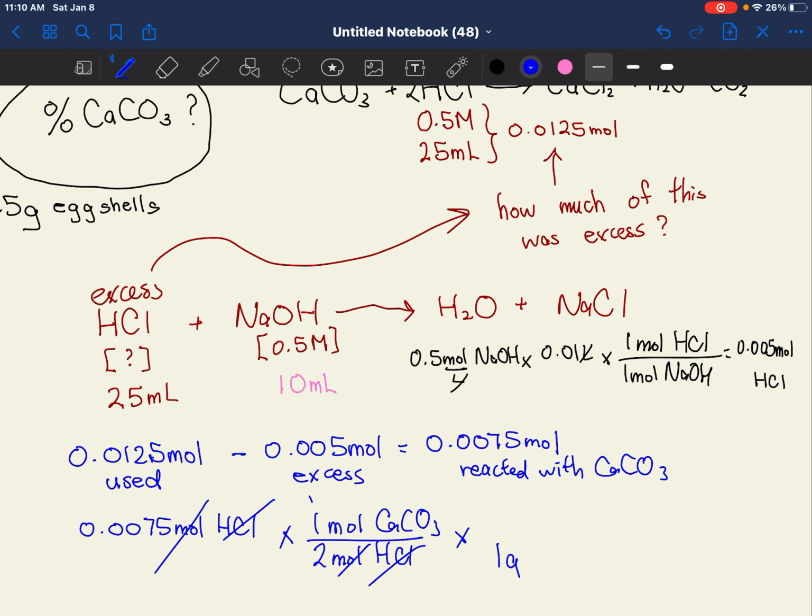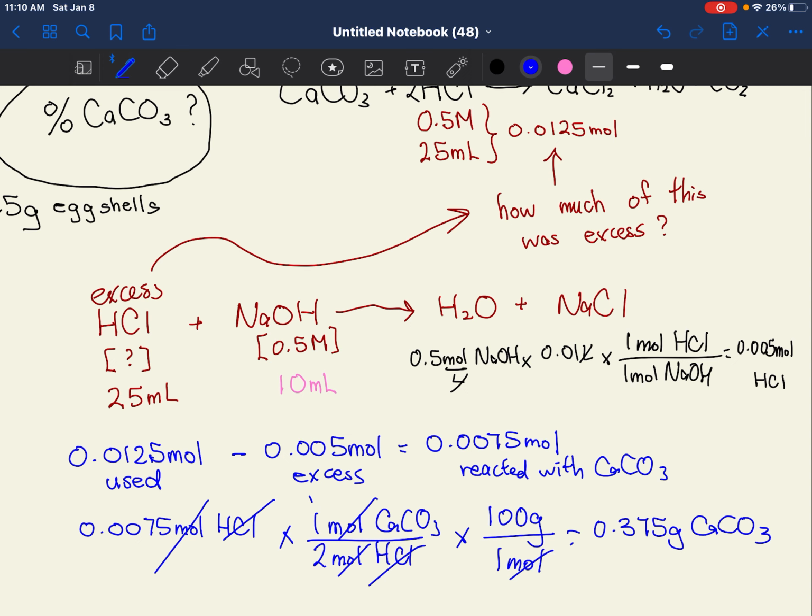For every mole of calcium carbonate, it is 100 grams. Okay, this will be divided by 2 times 100, so that will be 0.375 grams of calcium carbonate.